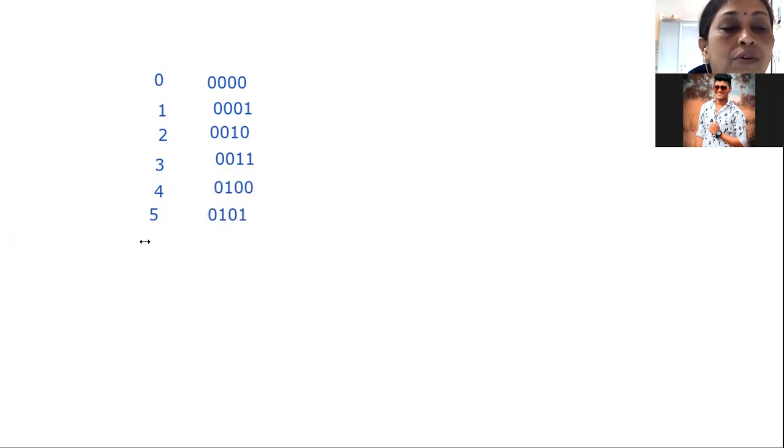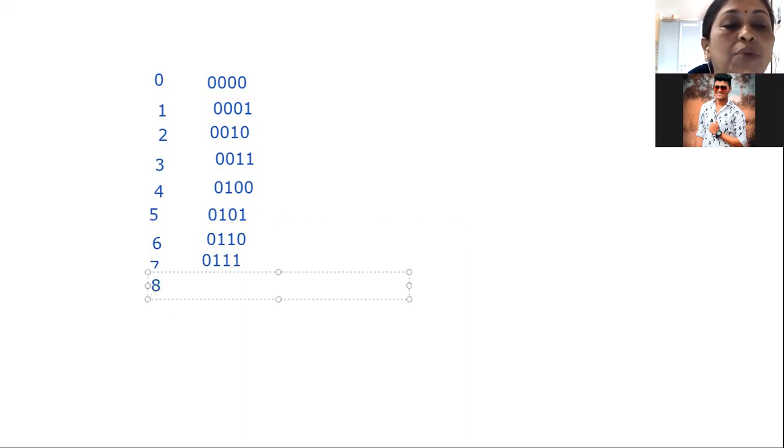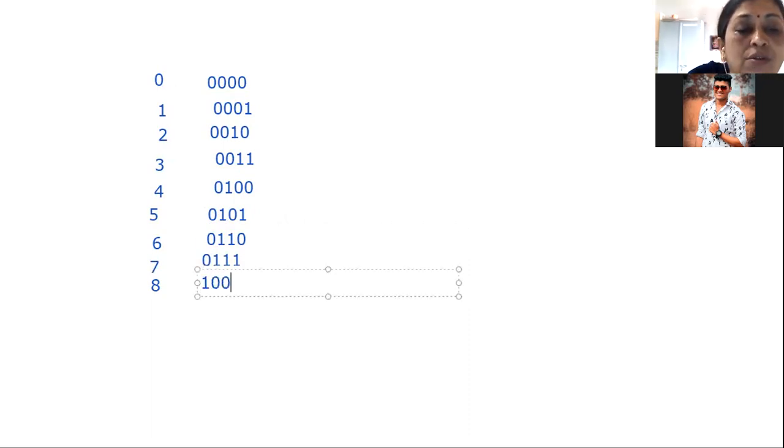Then for 6, we have to write 0110. For 7, it must be 0111. For 8, it must be 1000. For 9, it must be 1001.